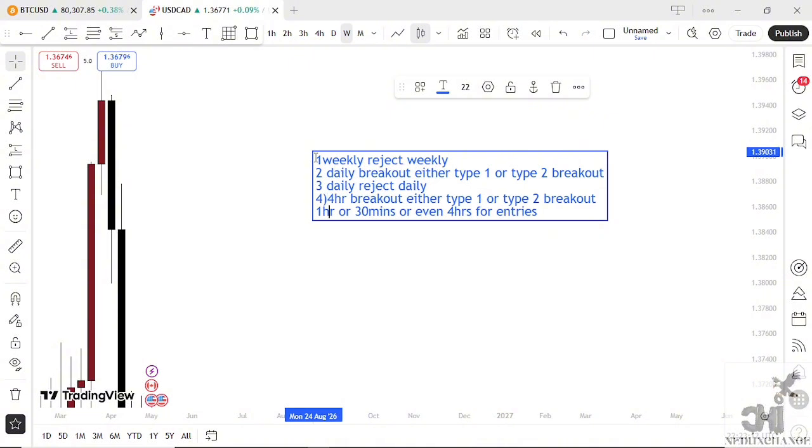Then last but not the least, your 1 hour, 30 minutes or 4 hour entry.